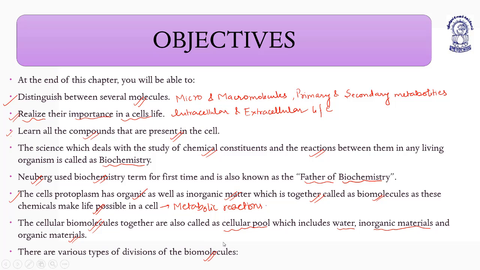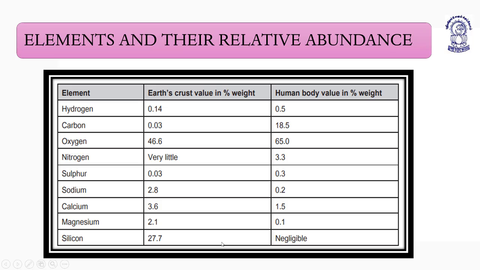Now coming to the next slide, the elements and their relative abundance. Hydrogen in the earth crust is 0.14% only, human body 0.5%. Carbon 0.03%, human body 18.5%. Oxygen 46.6%, most abundant, and in human body 65%. Nitrogen traces, human body 3.3%.